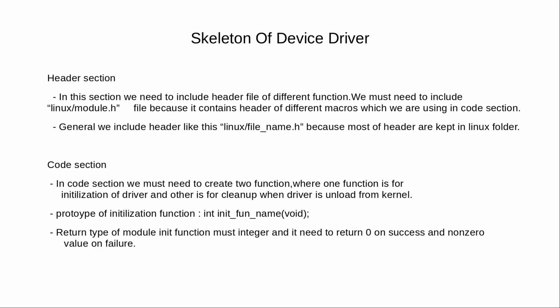As you can see, the prototype of the init function should return an integer and it does not accept any argument. Also keep in mind that when initialization succeeds, the initialization function needs to return 0, and on failure it needs to return a non-zero value, so that the kernel will understand whether initialization succeeded or failed.